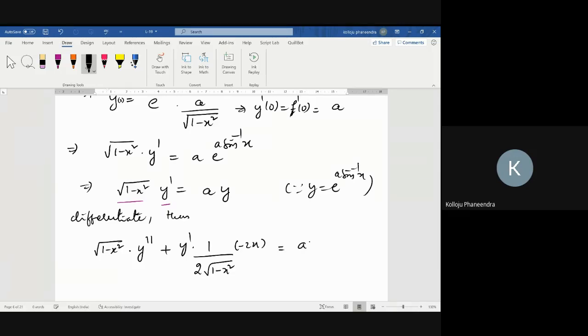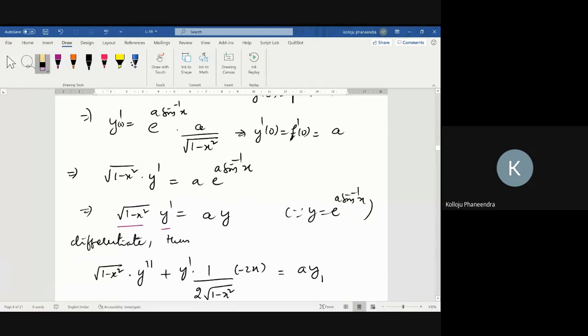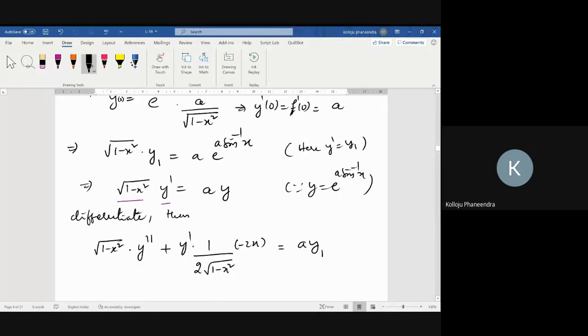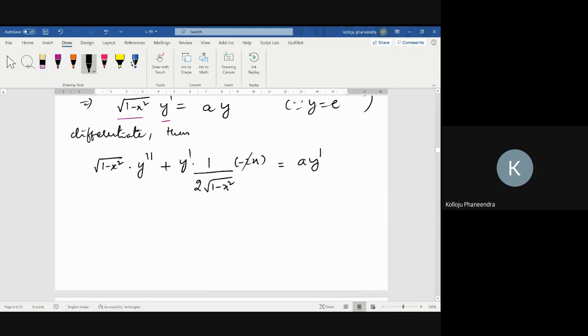Instead of y dash, let me write y1, since I need y1 in successive differentiation. Here y dash is nothing but the y1 notation. The 2 gets cancelled.